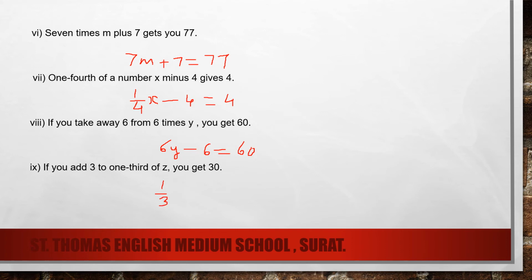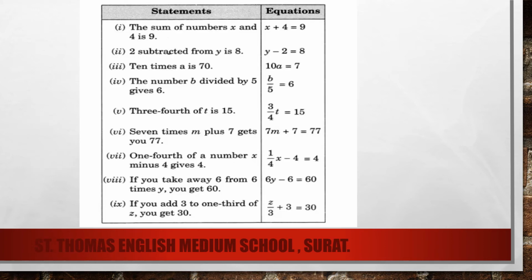Clear? Now z. If you add, that means plus 3 is equal to 30. Clear?